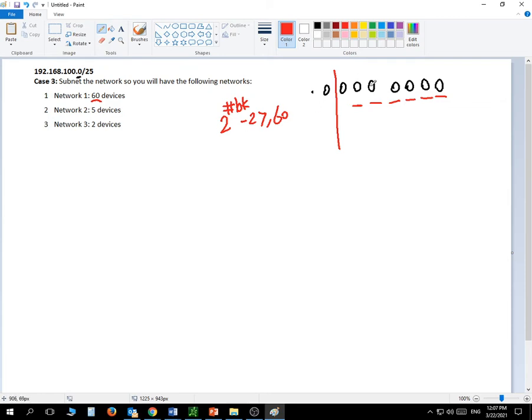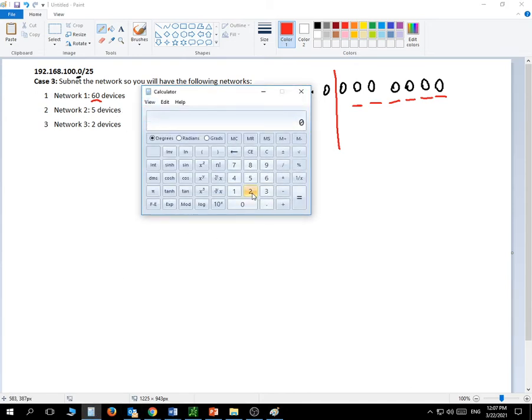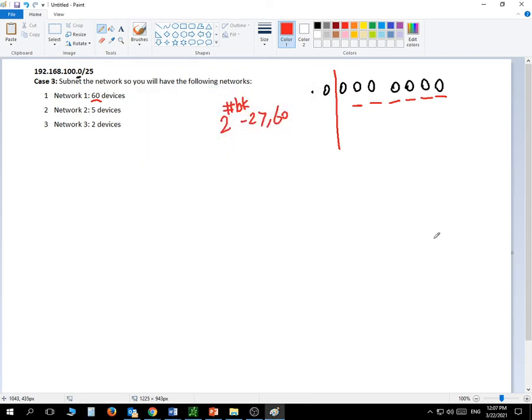So I believe this number here, 6-bit, is the number that we should go with. Now let's go ahead and just make sure that I didn't miscalculate anything. 2 to the power of 6 minus 2, of course, 62. So my number is right, 2 to the power of 6. With that being said, I can tell now that my new line is going to be here.